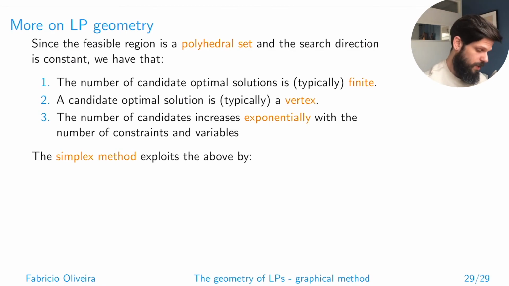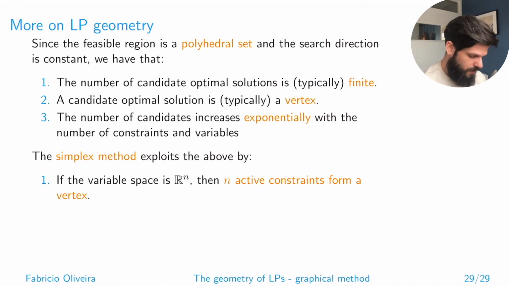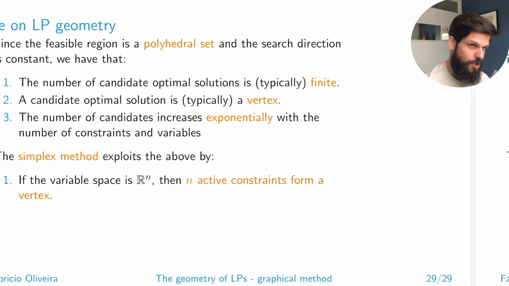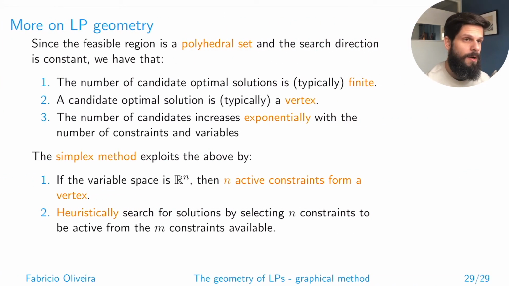The simplex method exploits these features by simply looking at combinations of n active constraints, because we know that a combination of n active constraints will form a vertex. Once I am at a given vertex, I choose heuristically a way to replace one of these n active constraints.